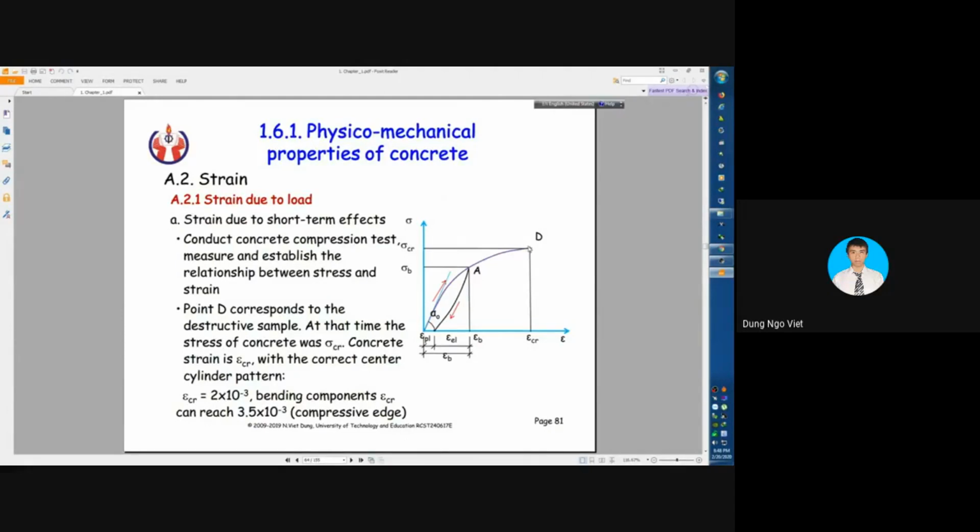At that time, the stress of concrete was sigma_CR, and the strain is epsilon_CR. With the center-compressed cylinder samples, epsilon_CR is equal to 0.002, and for the bending components, epsilon_CR can reach 0.0035 at the compressive edge.